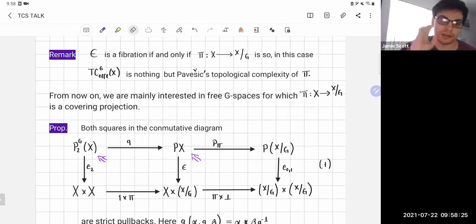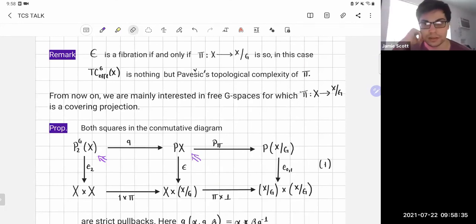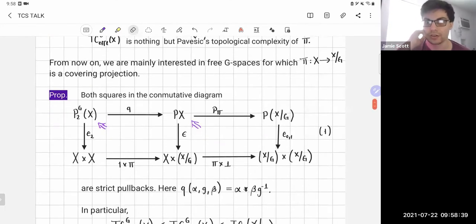Then that would mean that the very left one is the effective TC, right? So that would mean that the effective TC would actually be the topological complexity of a map as defined by Murillo and Wu. Because in a recent paper, I proved that that's actually the pullback of the product map, that it's equivalent to Murillo and Wu's. Just an interesting side note.